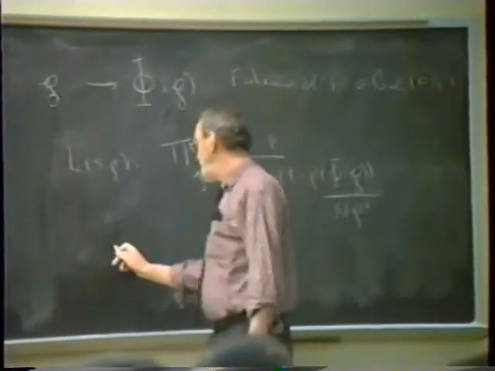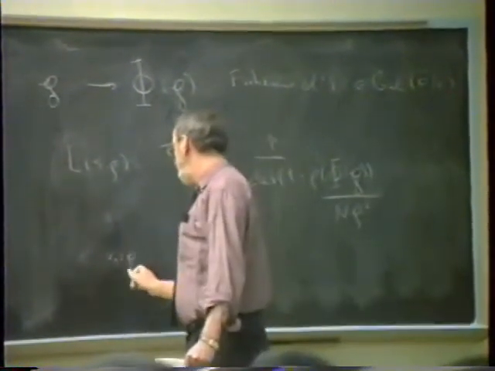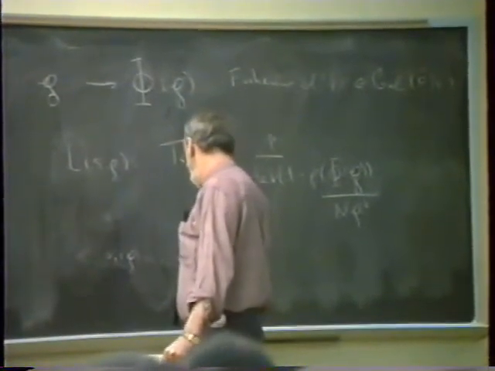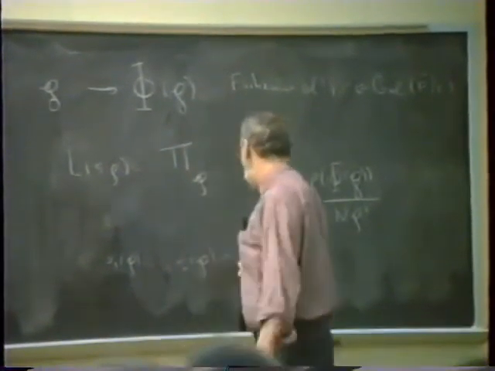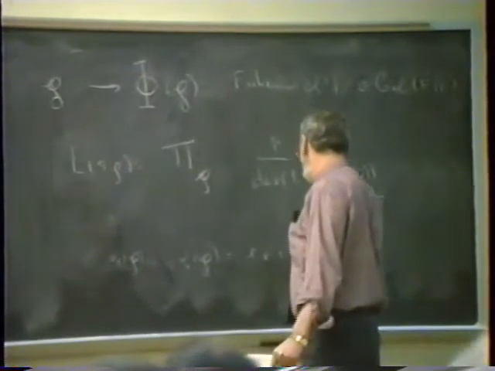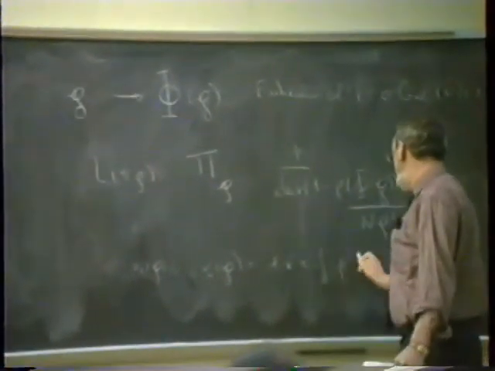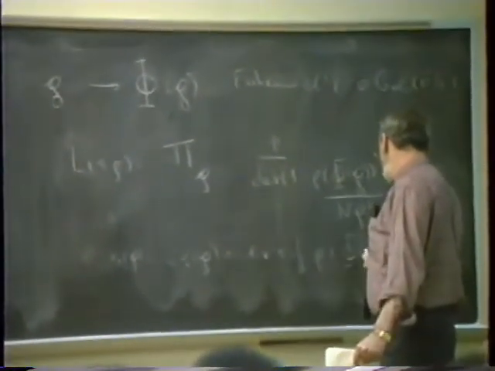So in other words, the numbers alpha 1 up to alpha n of p are just the eigenvalues of this matrix rho of phi of p.